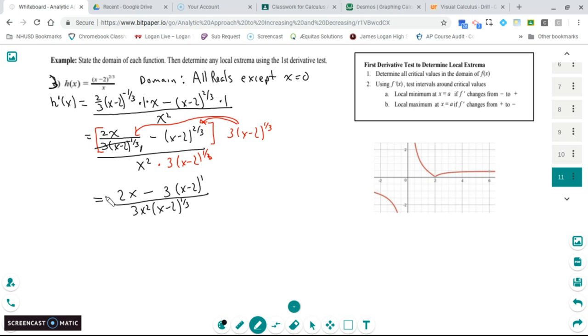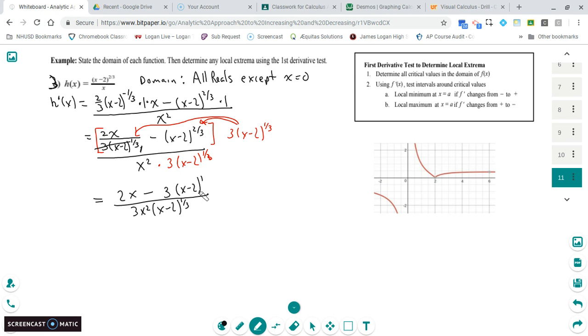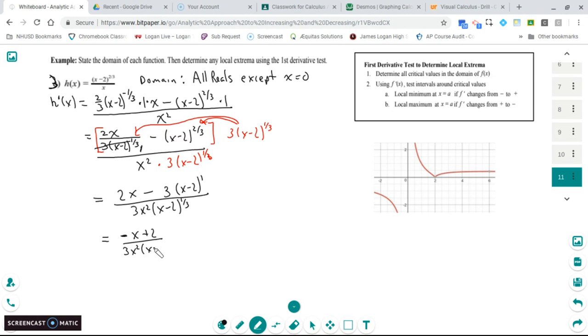And then I just want to simplify that, distribute this, so that's 3x right there. So 2x minus 3x is negative x. And then minus and a negative 2, distribute that negative, we get plus 2, all over 3x squared x minus 2 to the 1/3.